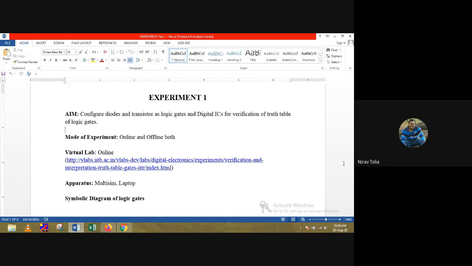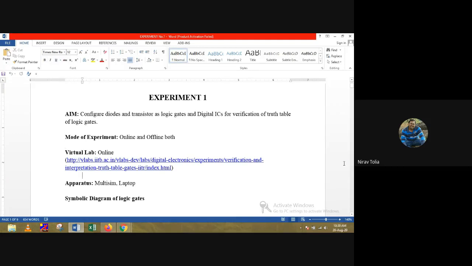Otherwise, if you come to the college, we perform it using resistors and transistors, and we get the same output or same truth table. We can verify it using RTL, TTL, and diode resistor logic. You can also use simulation software, which is Multisim. In Multisim also we can design the same thing, but it is not compulsory.